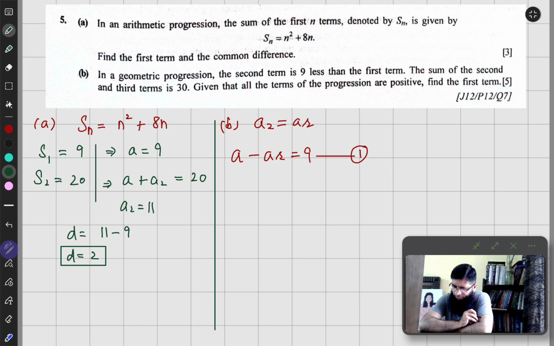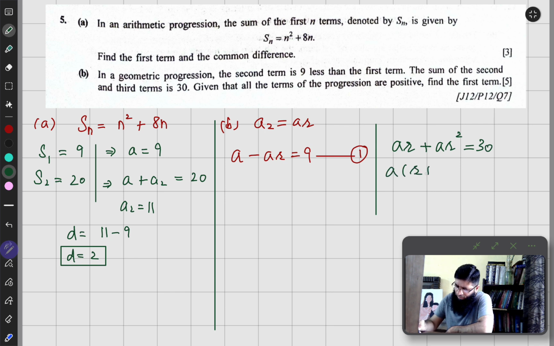And now it is given that the sum of the second and third term is 30. So the second term is AR and the third term is AR squared. So this will be equal to 30. It means that A times R plus R square will be equal to 30.